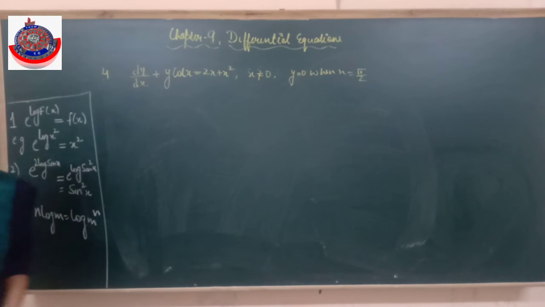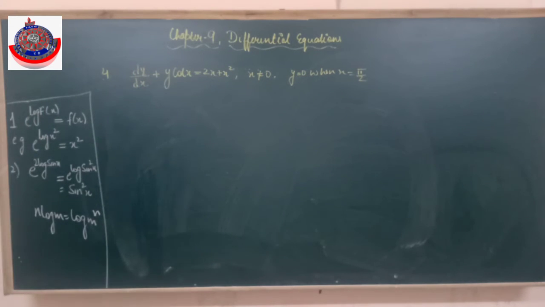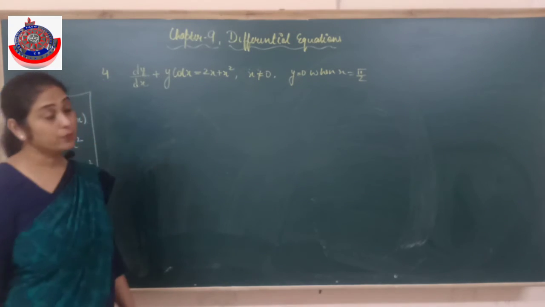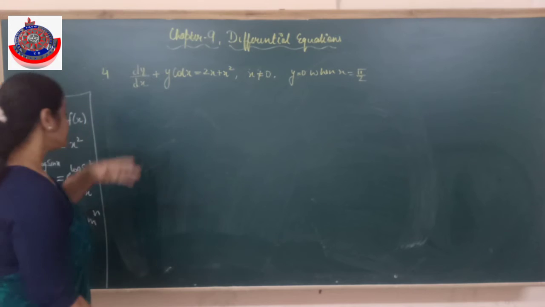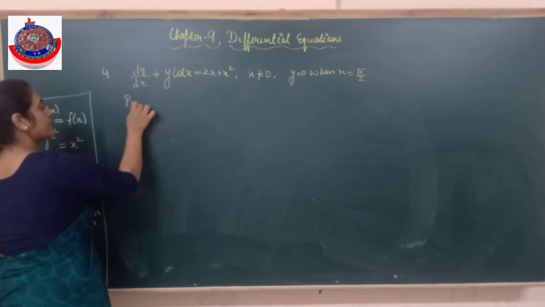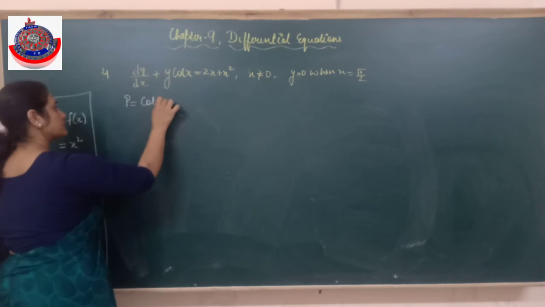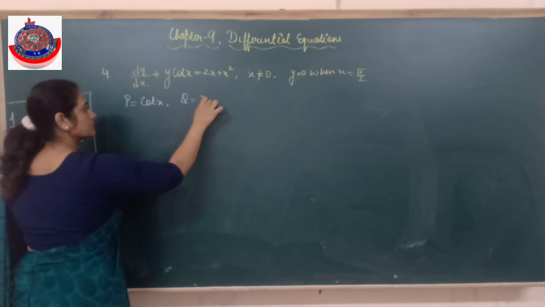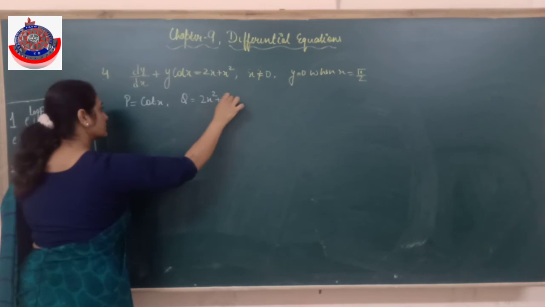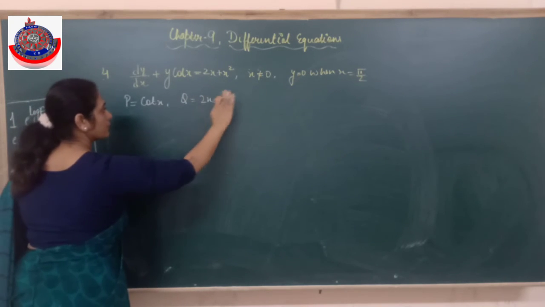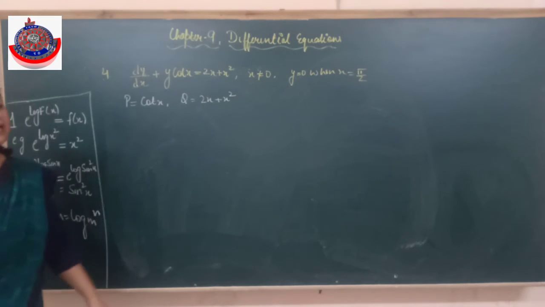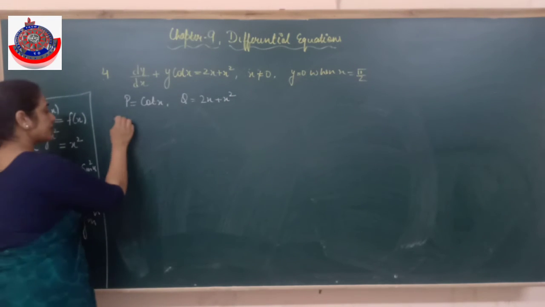Dy upon dx. Clear? Because it's in the form of dy upon dx plus py is equals to q. Alright? So now, what is p and q we have to identify? Clear? Now what is the next step?